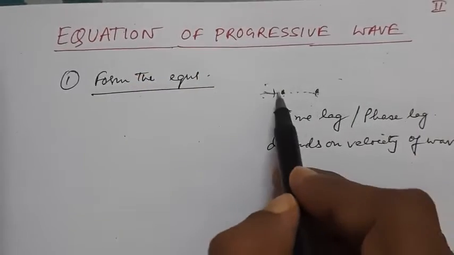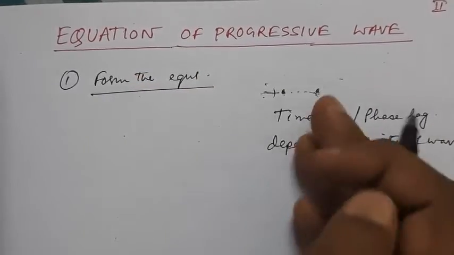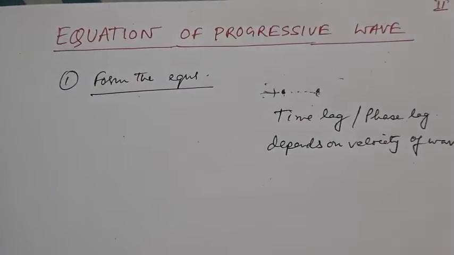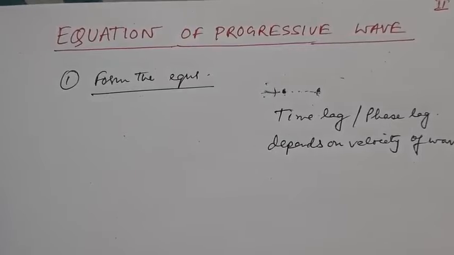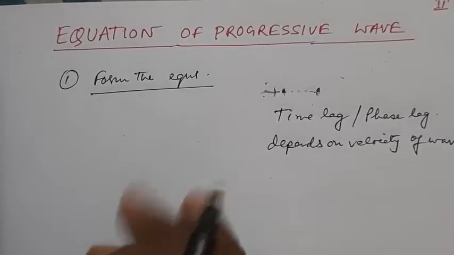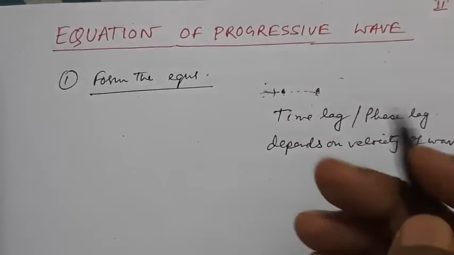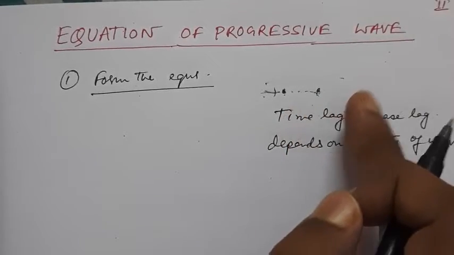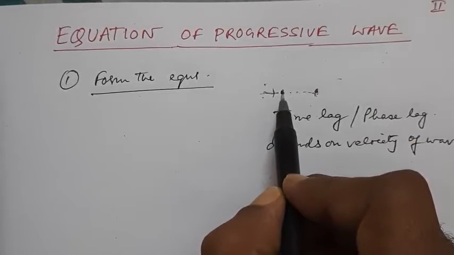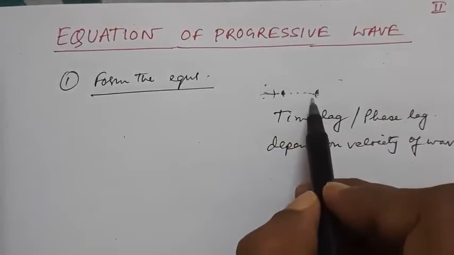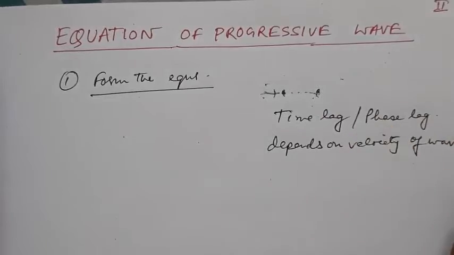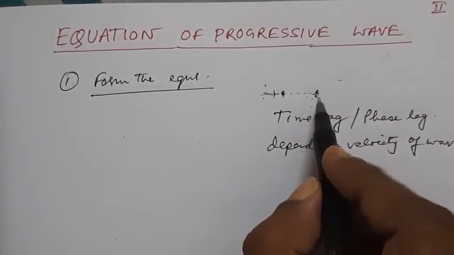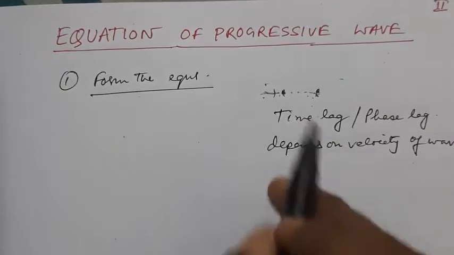So this was the predecessor of this particle towards the left. The phase of a particle lags behind that of any other particle on its left, because this particle has started earlier and this particle has started a little later. So this particle has a phase lag, this one has a phase lag, and this one has a phase lead.